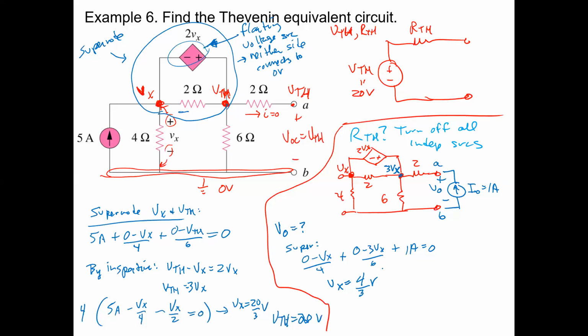Then we can write the current going through that 2 ohm resistor, which is 1 amp: 1 amp equals V0 minus Vx over 2. Therefore, V0 equals 6 volts. So what's the Thevenin resistance of that circuit then? Six ohms.